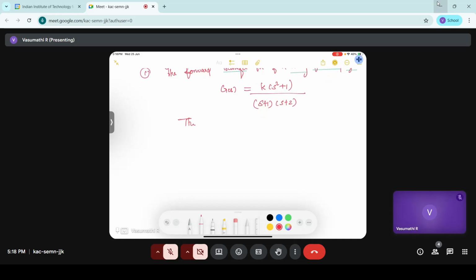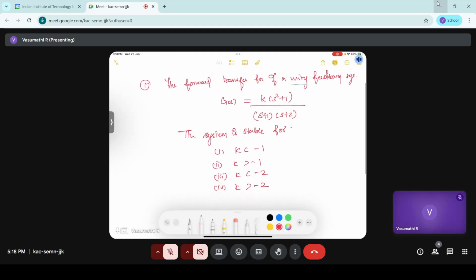The question is whether the system is stable for what values. First option is k less than -1. Second is k greater than -1. Third is k less than -2. Fourth is k greater than -2.